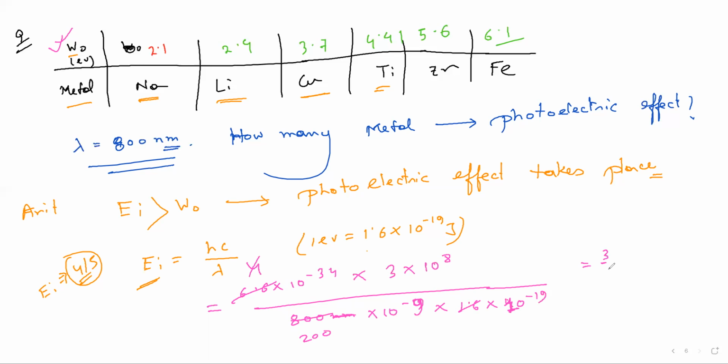So can I write 3 by 2 into 10 to the power minus 34 plus 8? When this comes upper, it becomes plus 9. 200 means 2 into 100, so minus 2, then plus 19. So 3 by 2 into 10 to the power 0.